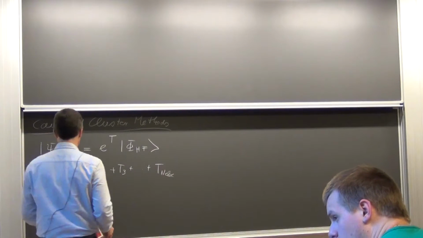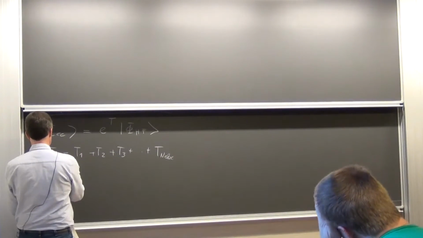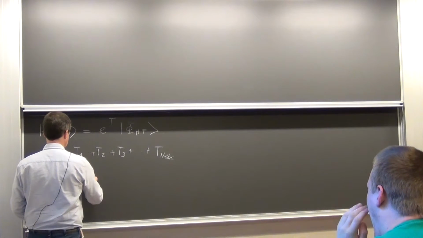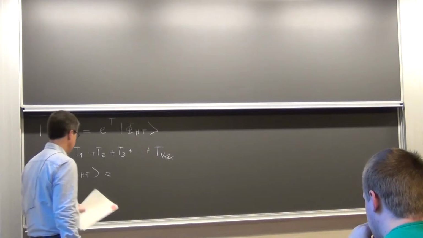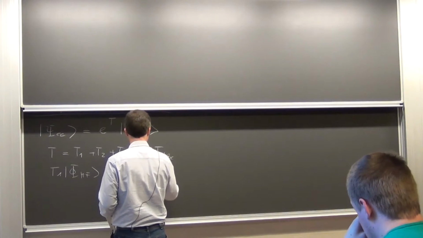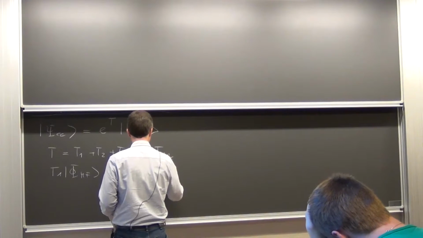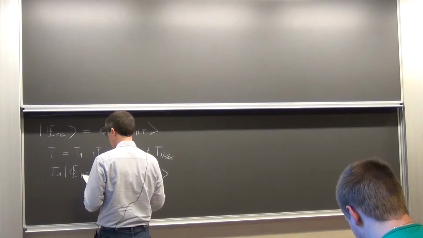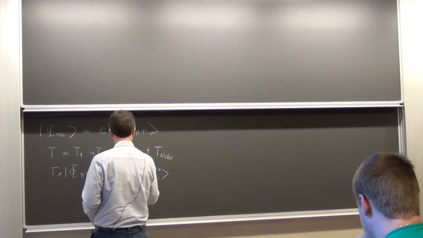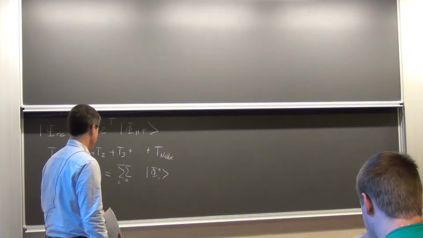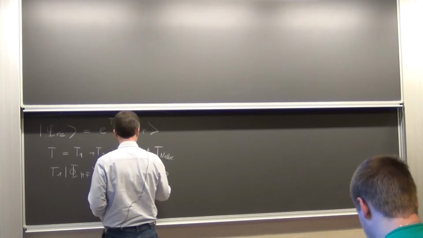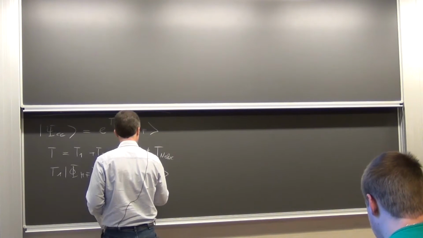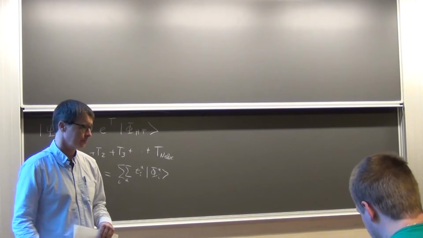So for example, if you let T1 act on the Hartree-Fock state, then you get all singly excited determinants. So it's a sum over all singly excited i and a, and let's write it with the double sum for a change, multiplied with some coefficient, some weight of those singly excited determinants.